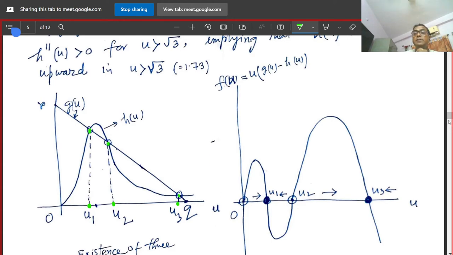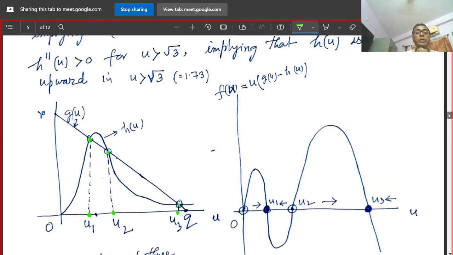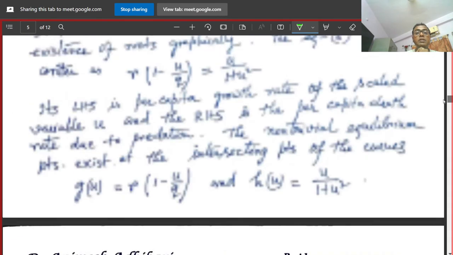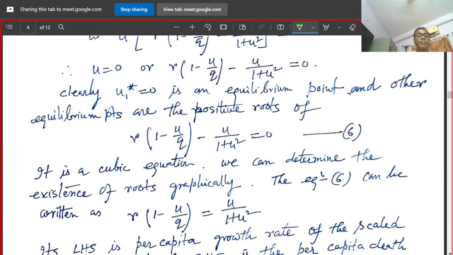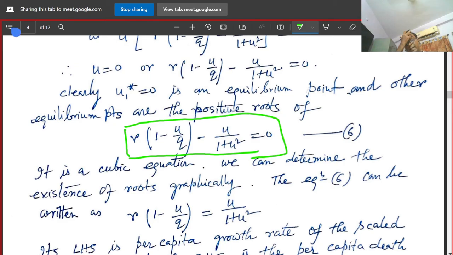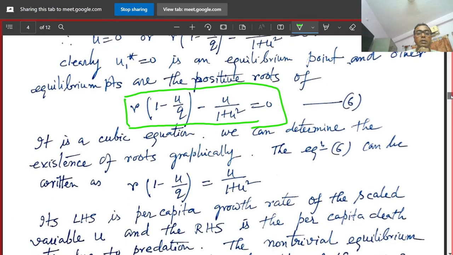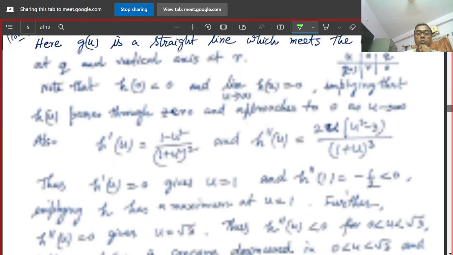These u1, u2, and u3 are roots of equation 6. Here we find the roots of equation 6 by the graphical method.